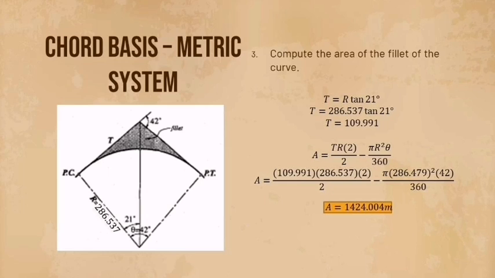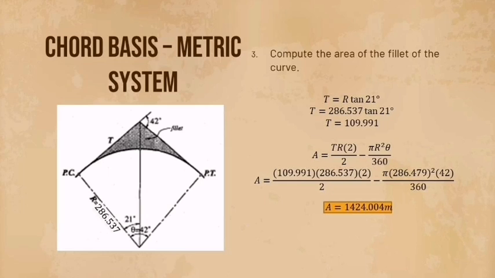So for number 3, compute the area of the fillet of the curve. Tangent distance equals the radius times tan 21 degrees. Again, the value of our radius is 286.537, and after computing that, our tangent distance will be 109.991.